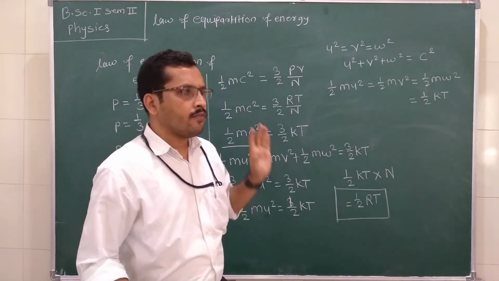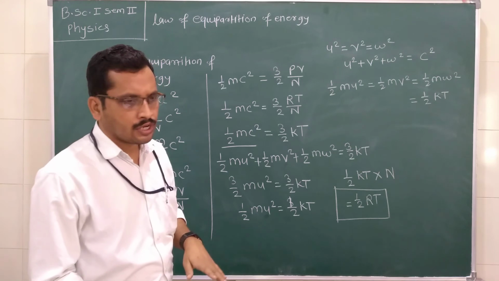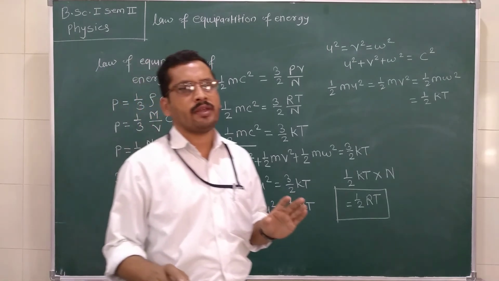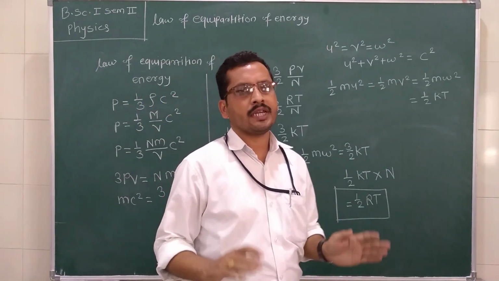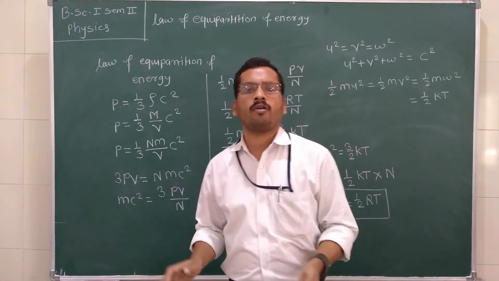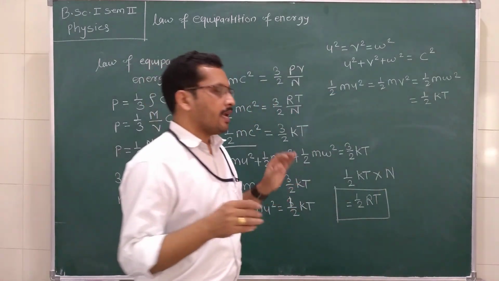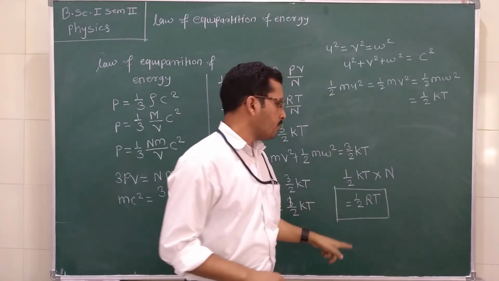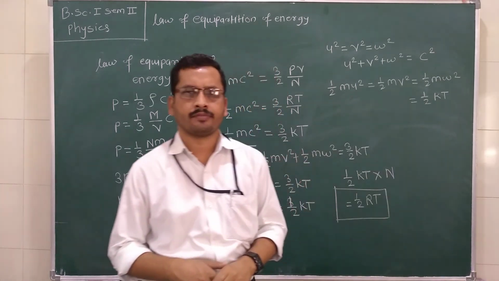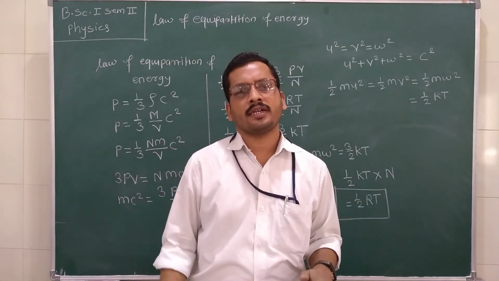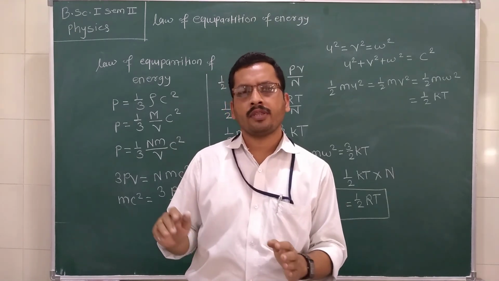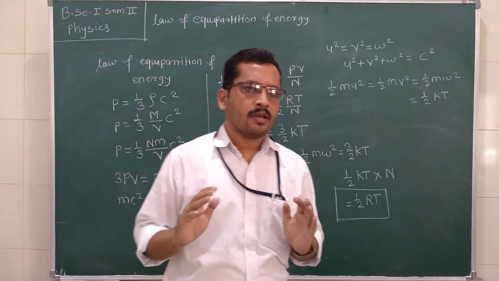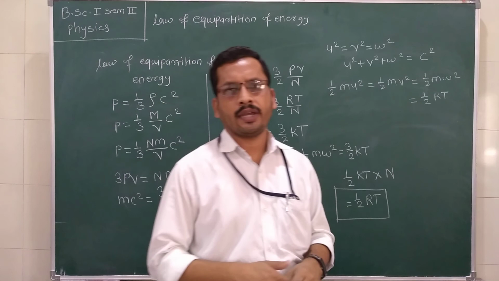So in this way we prove the law of equipartition of energy, which states that for any dynamical system in thermal equilibrium, the available energy is divided equally among the degrees of freedom, and this energy is equal to 1/2 kT for a molecule, and for 1 mole of gas it is 1/2 RT. Okay, so today we discussed the degrees of freedom for monoatomic gas, diatomic gas and polyatomic gas, as well as we proved the law of equipartition of energy.